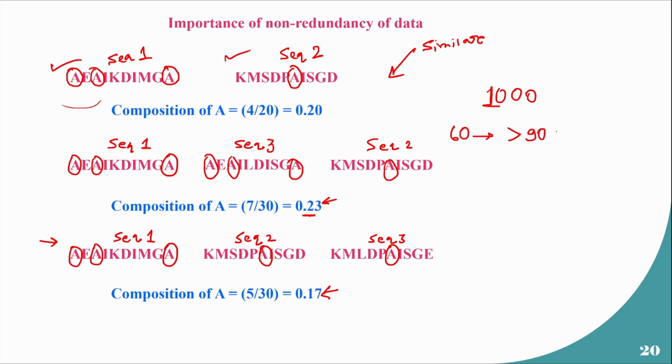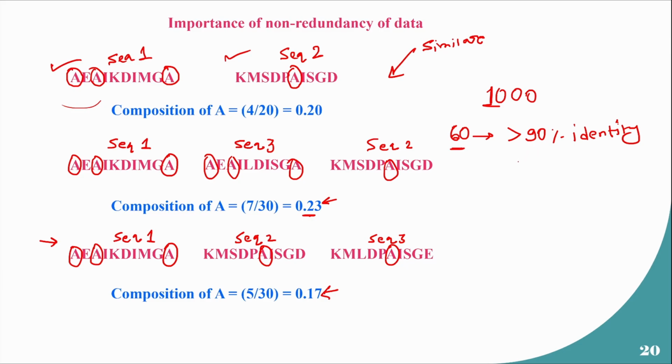Okay. So now you can imagine that if you are trying to infer from the composition analysis what different types of amino acids are present in this sequence, or you are trying to decipher some sort of functional interpretation from that, you will most definitely skew your results, whatever output you are getting from your analysis, right? Because you have included 60 sequences that are very similar.